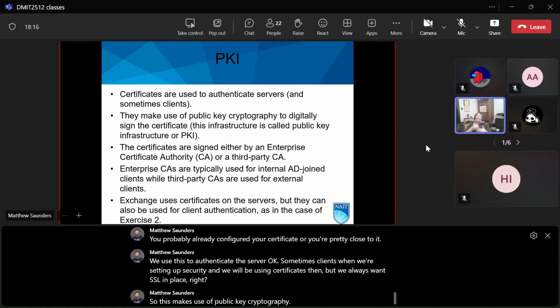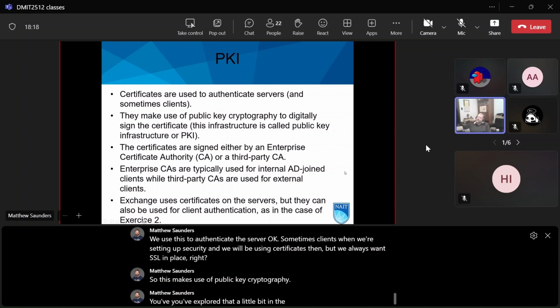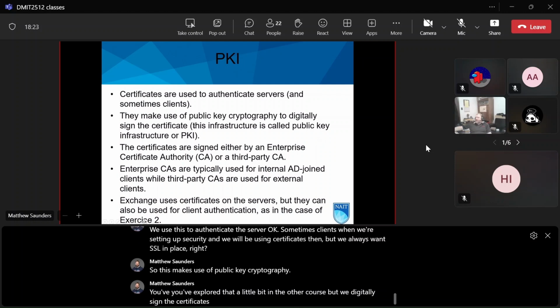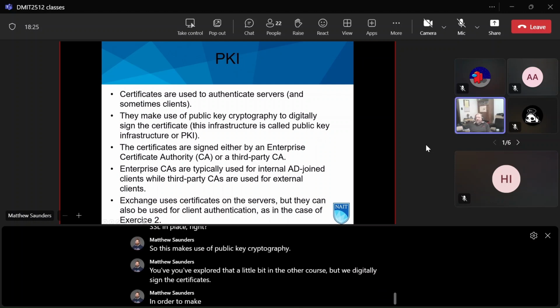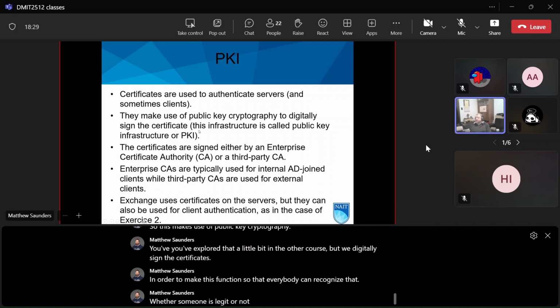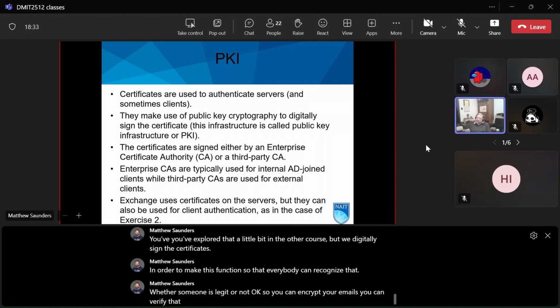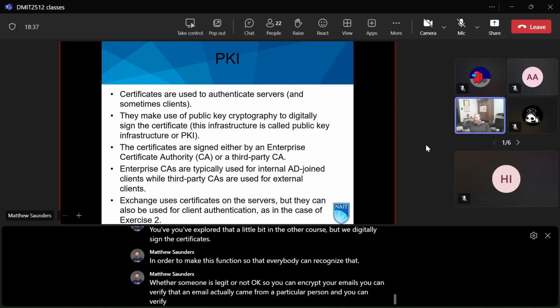You've explored that a little bit in the other course, but we digitally sign the certificates so that everybody can recognize whether someone is legit or not. Okay, so you can encrypt your emails. You can verify that an email actually came from a particular person, and you can verify that the server is not some kind of impersonator, right?